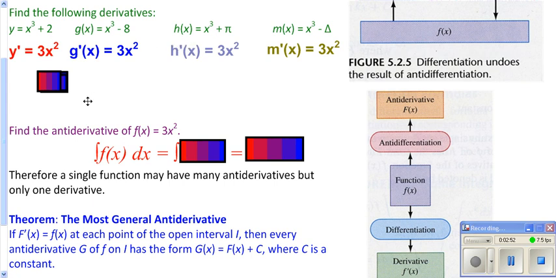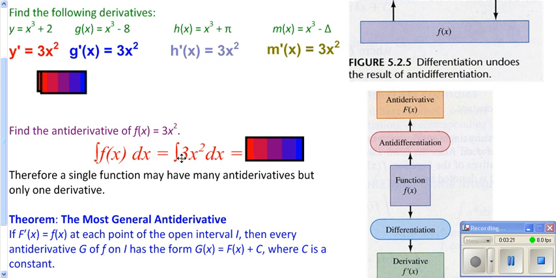So if we wanted to find the antiderivative of 3x squared, you go integral 3x squared dx. The dx, the x is telling you what variable you're integrating, so we're integrating x here. So you know that this is the derivative of some function. You're trying to find that original function. That's what antiderivative means.